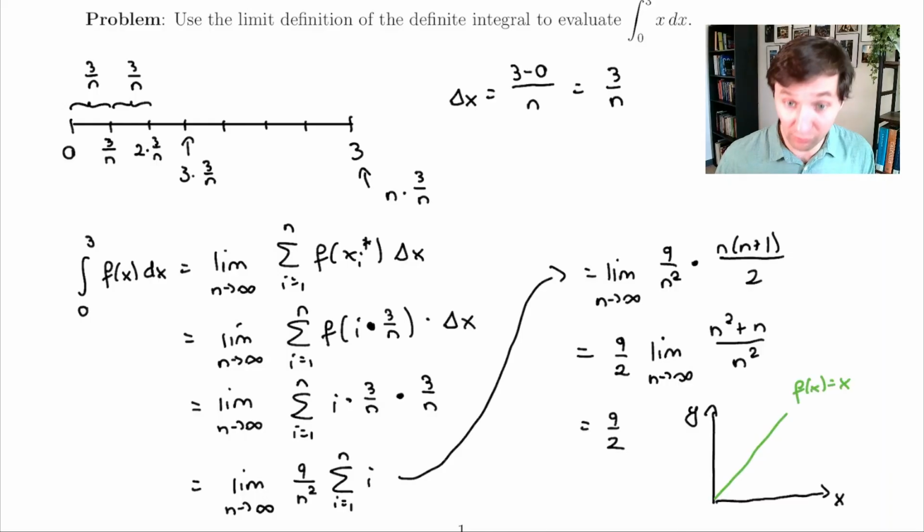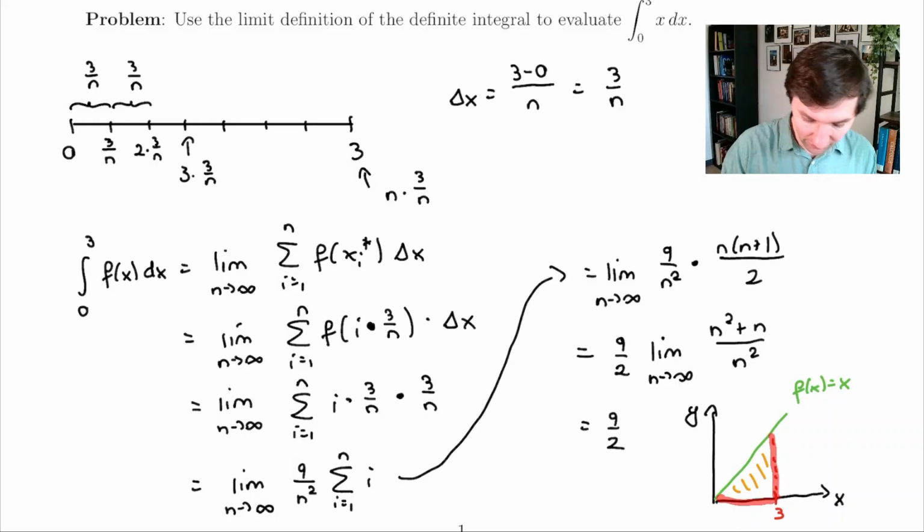I'm supposed to look at the region between 0 and 3. To compute the area of this region, I can use a formula for the area of a triangle. The base is 3. The height is also 3 because the height of this function equals the value of the function at 3, which is 3. I get 3 times 3 times 1/2, which gives me 9 over 2.